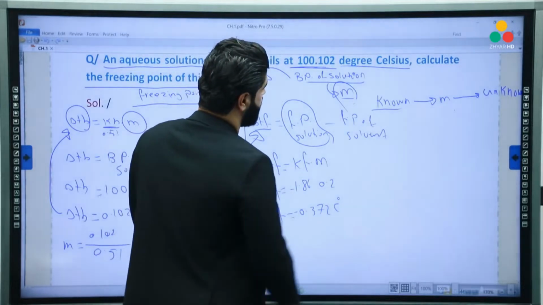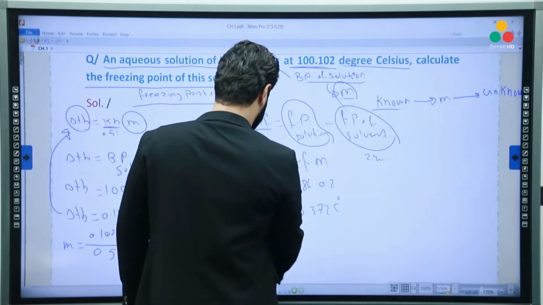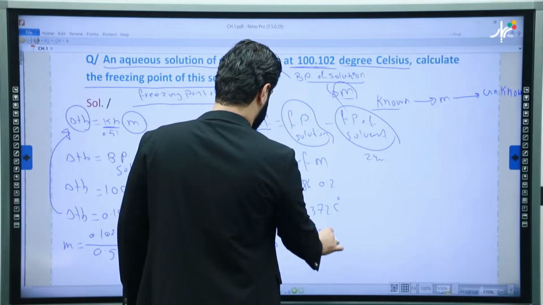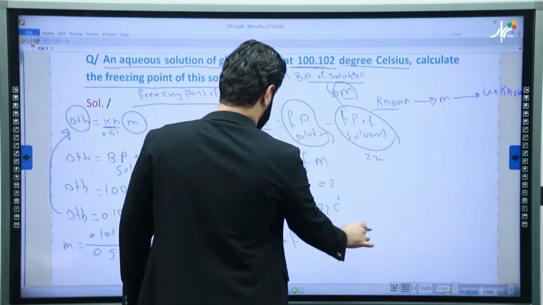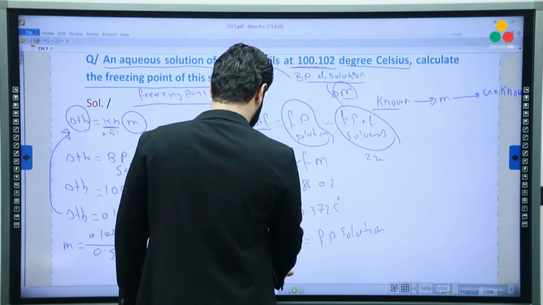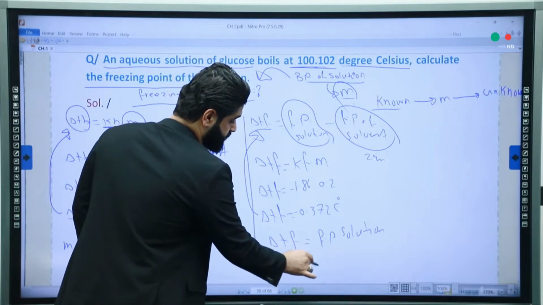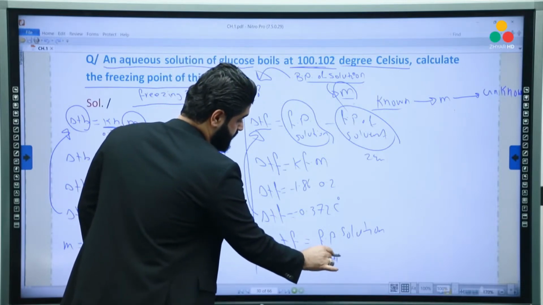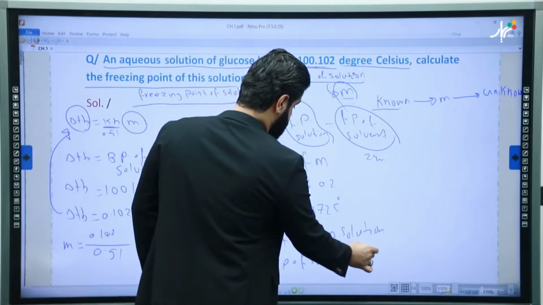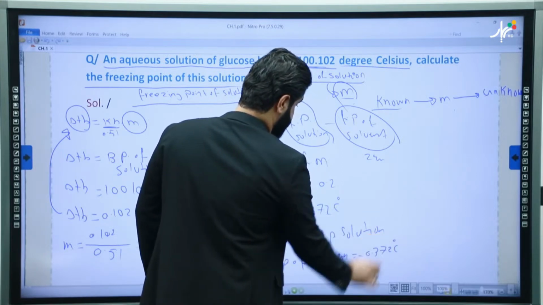So because the solvent is water, which freezes at 0, delta TF equals freezing point of solution minus 0. So freezing point of solution equals negative 0.372 Celsius degree.